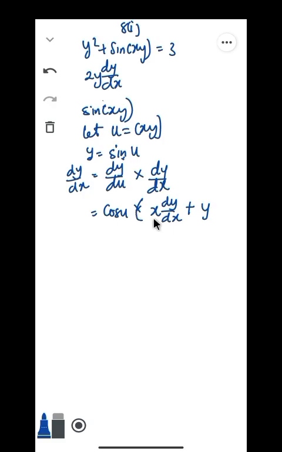Let me put a bracket here to indicate that, because you're multiplying everything here. Remember that u is equal to what? xy, so we'll just replace it. So we have cos xy into x dy/dx plus y.